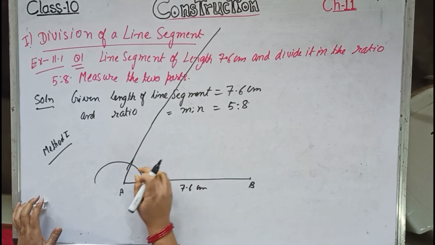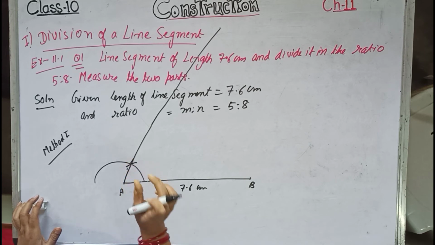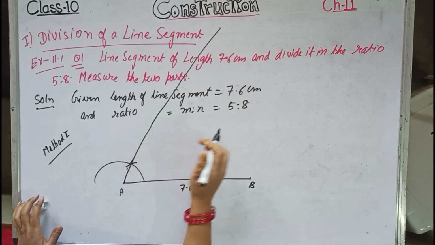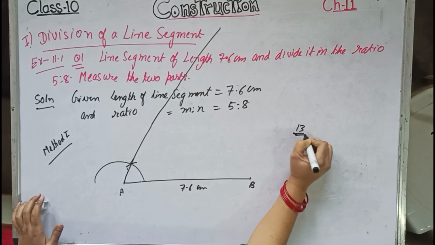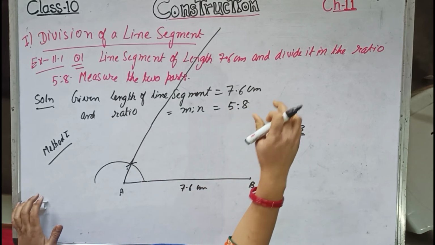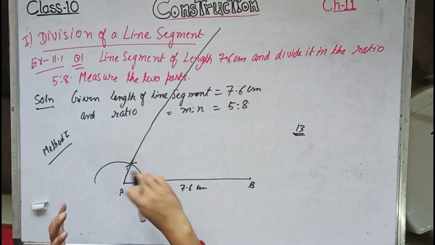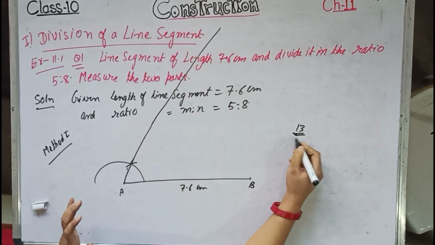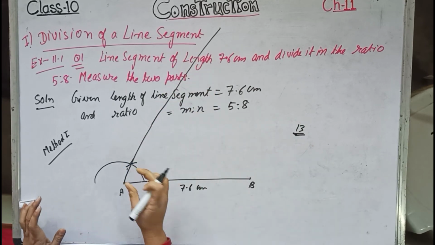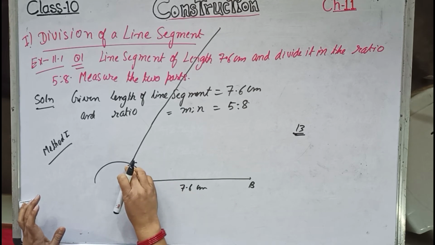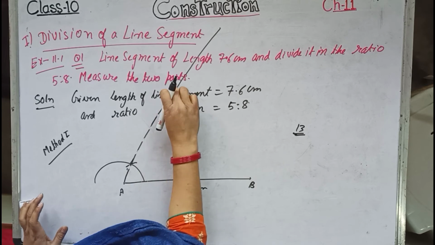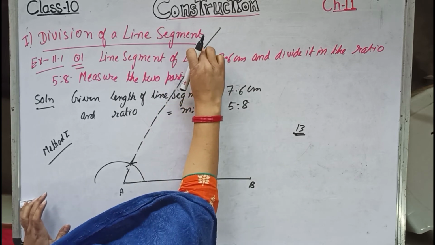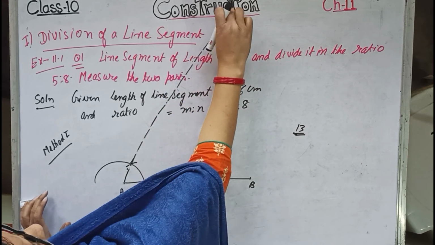Take your compass and set it in such a way that 5 plus 8, that is 13, equal spaced arcs you can cut. It means 13 arcs you have to cut. So take a smaller space. Over here 1, 2, 3, 4, 5, 6, 7, 8, 9, 10, 11, 12 and 13.